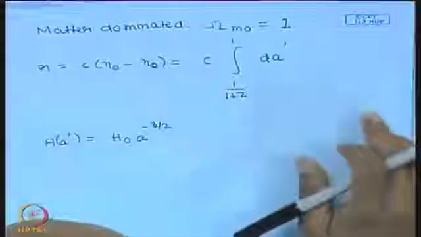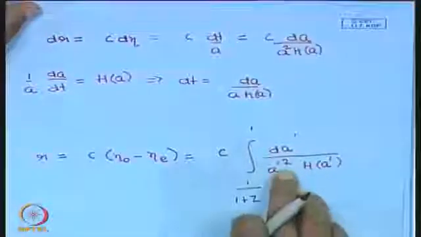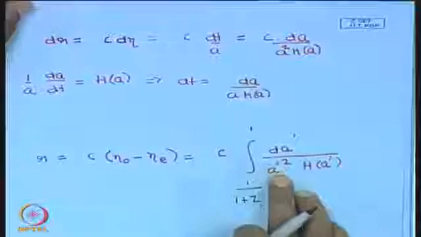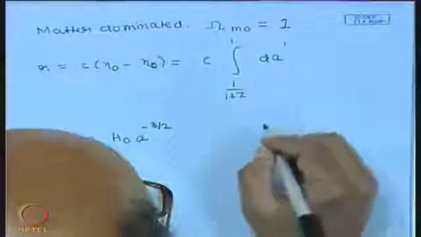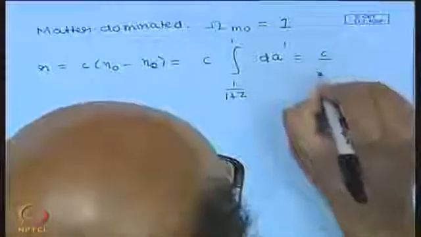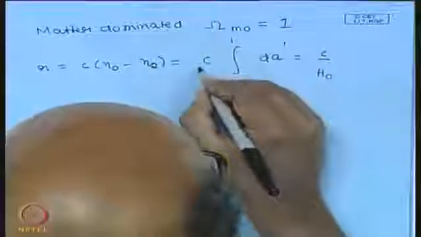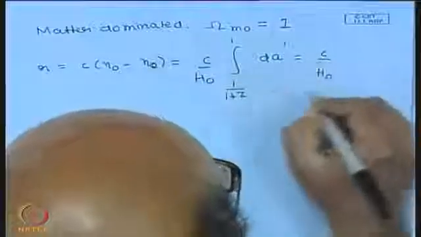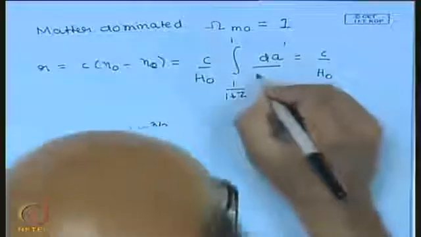This I have to plug in to the expression over here. So if I have a to the power minus 3 by 2, and I have a square here, I have a to the power half. So the integral that I have to do is essentially c by H naught, I have taken the H naught outside, divided by square root of a to the power half.